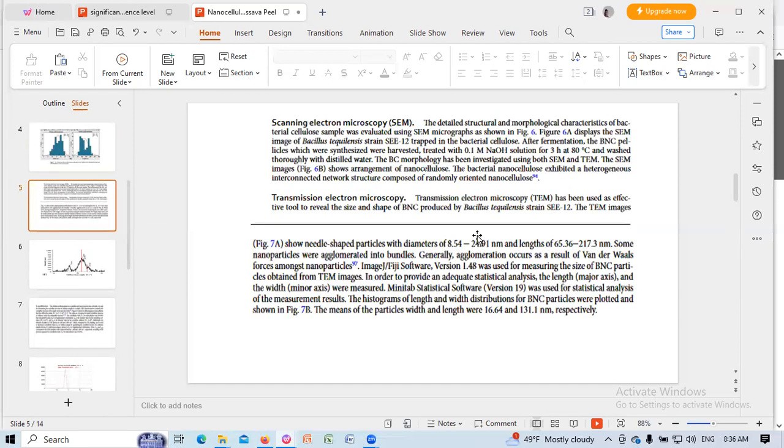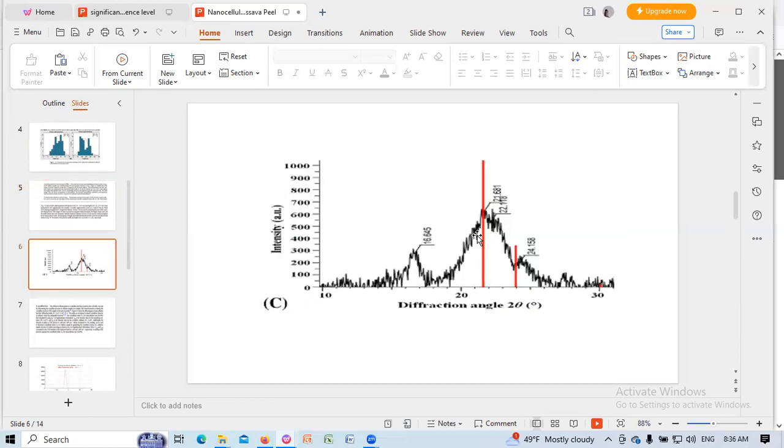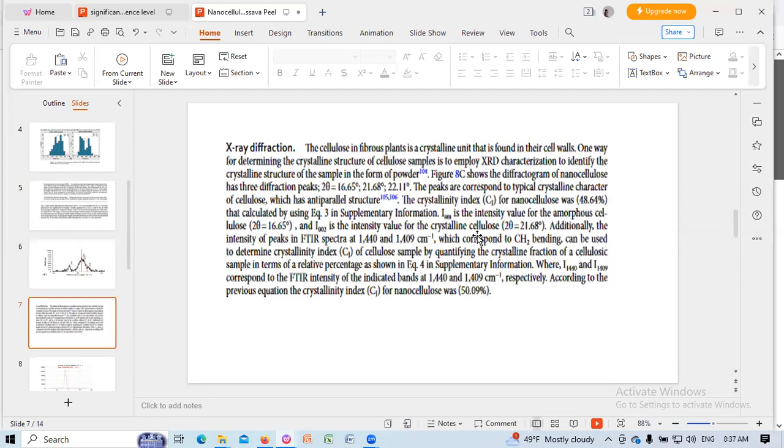The XRD diffraction angle 22.11 again indicates crystalline character, and from the FTIR analysis the crystallinity percentage was 50.09%. This is the explanation of the XRD.